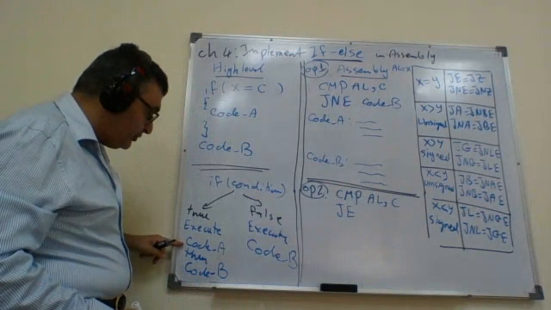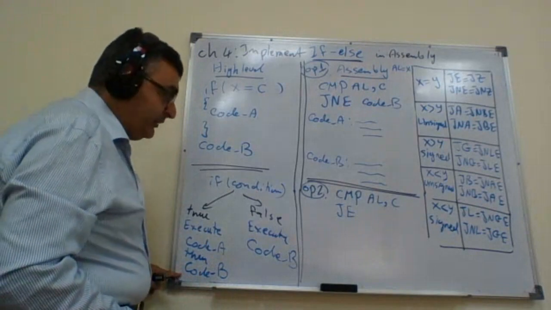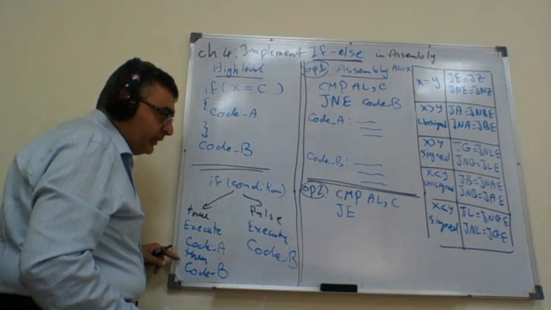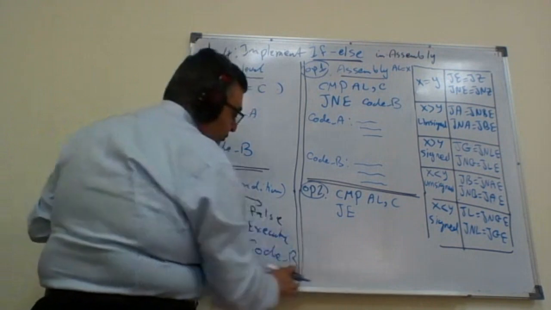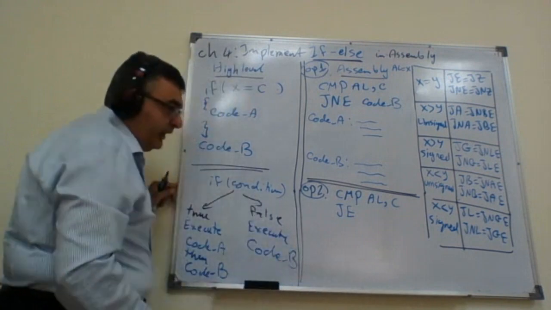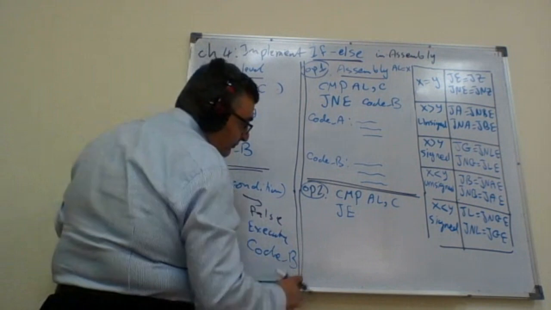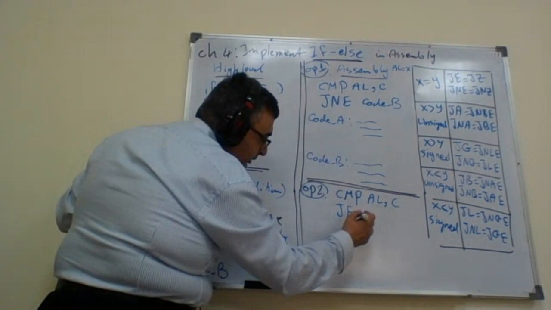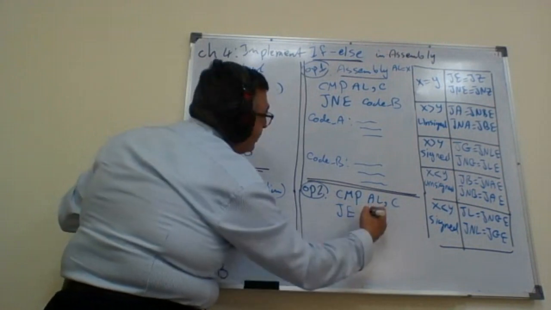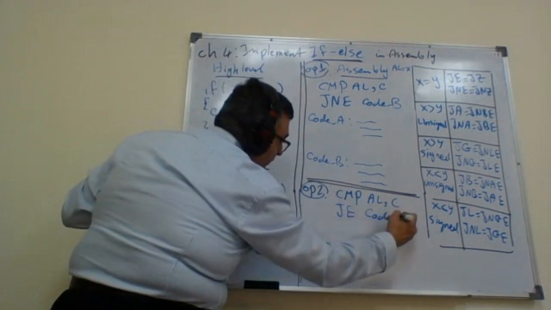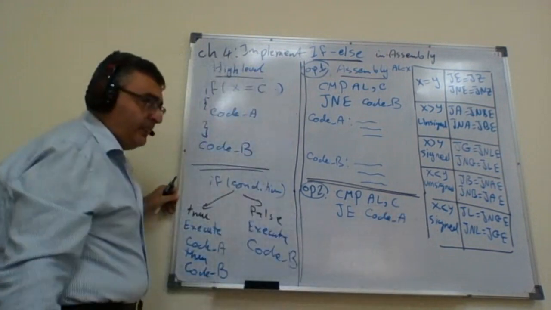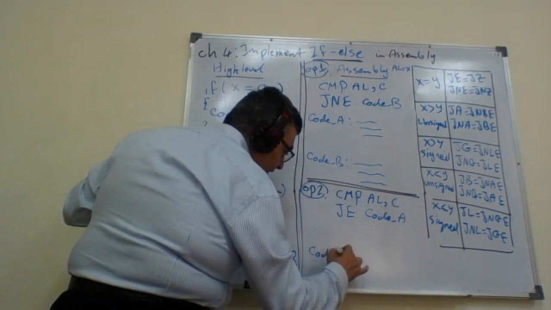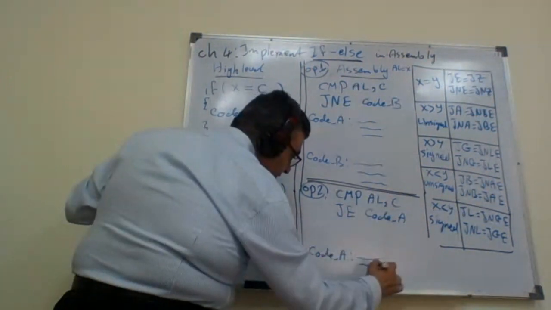If they are equal, I want to execute A, then execute B. So if they are equal, I want to execute the code for A. I will jump for A, so I will have code A. That means here at label code A, I will have my code.